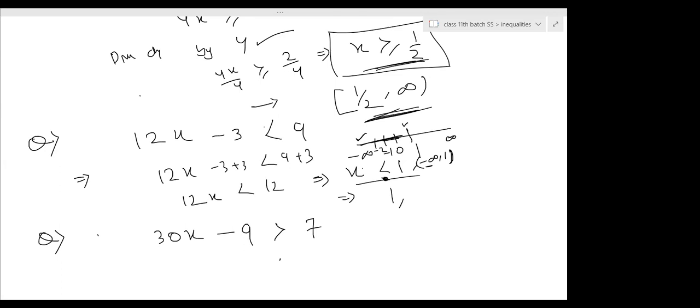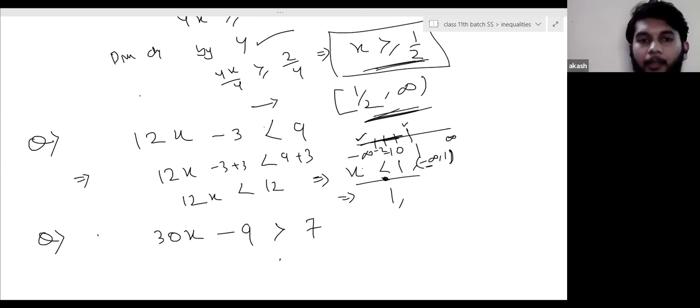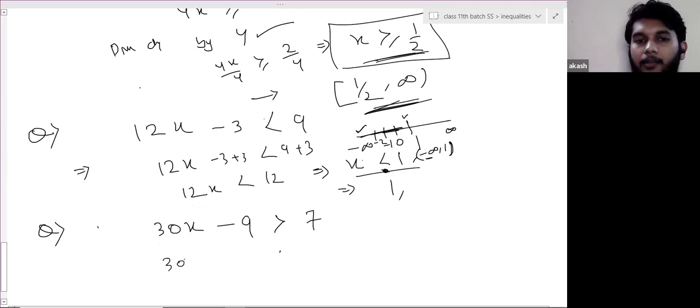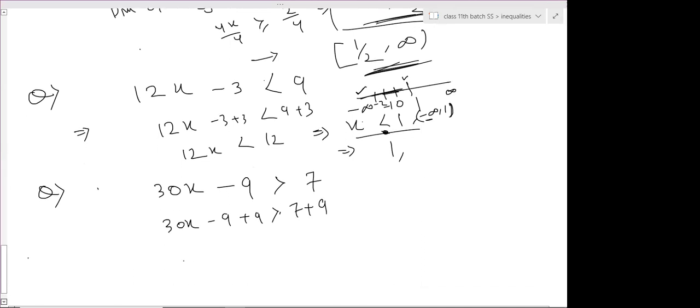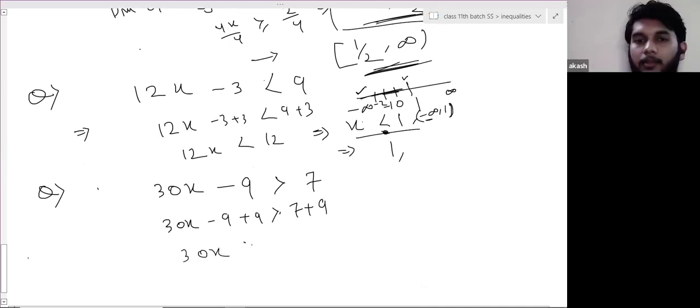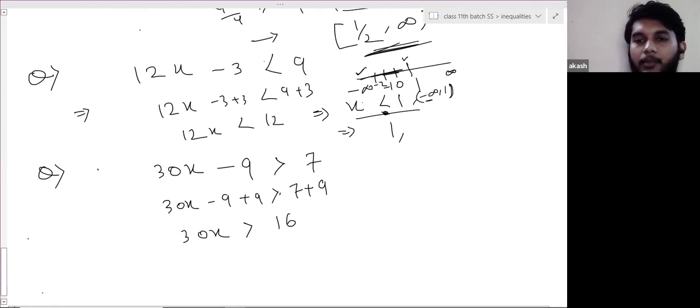How we can solve this? This is a very simple question. See, 30x minus 9 plus 9 greater than 7 plus 9, right? Yes. So this is 30x greater than 7 plus 9 is 16. Dividing by what number can we divide both sides? 2.